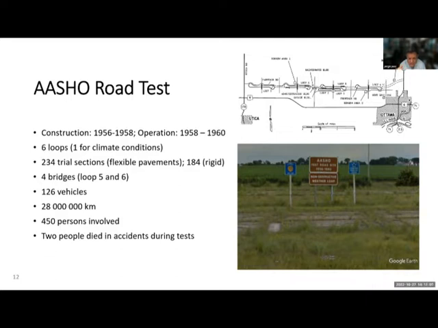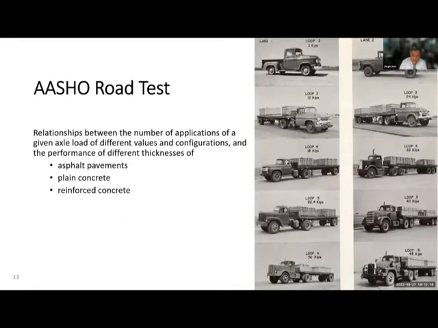In the case of the test, it was run with more than 100 vehicles, and they traveled more than 28 billion kilometers. The main concern at that time, and that was the objective of the AASHTO test, was the definition of the relationship between the number of applications of a given axle of different values and configuration and the performance of different pavements.